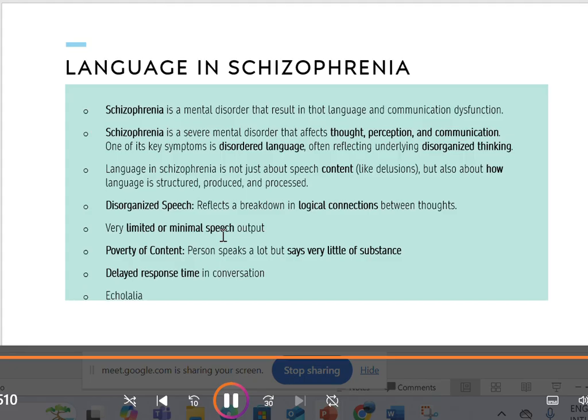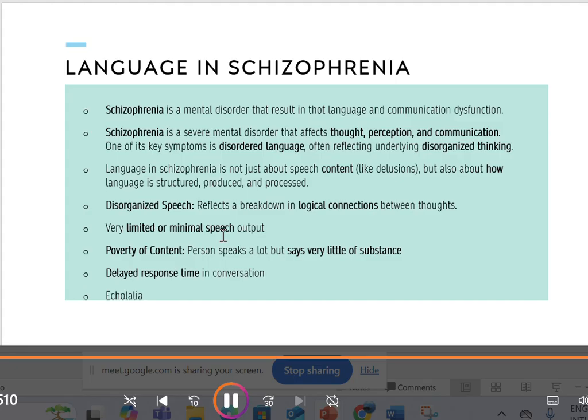Language in schizophrenia is not just about the speech content, but also about how language is structured, processed, and produced. That also associates with his thinking. It is always associated with the schizophrenic person's disorganized thinking.